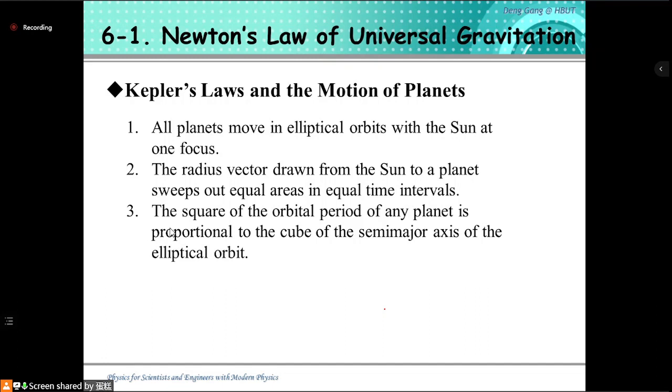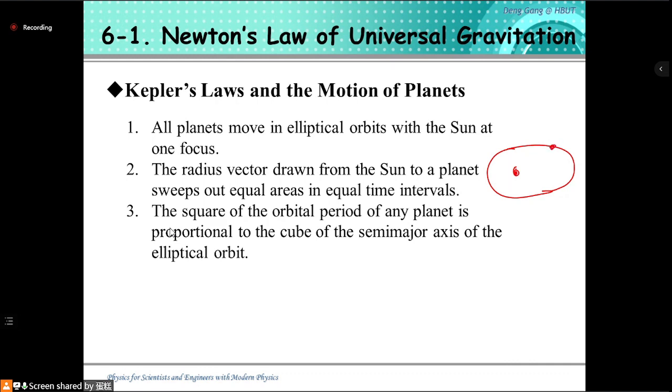That also works for the moon moving around the Earth. The moon moves in an elliptical path with the Earth at one focus. The second law: the radius vector drawn from the sun to the planet sweeps out equal areas in equal time intervals. What does this mean? Like this, for example, this is the sun and this is the Earth.